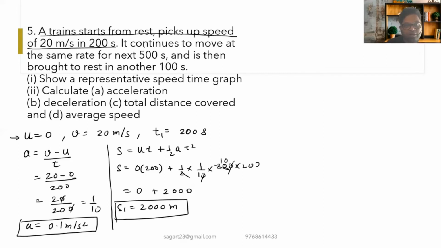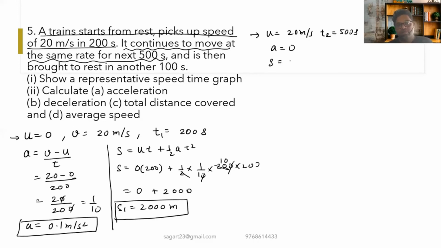Now the next part is it continues to move with the same rate for the next 500 seconds. So that is my second piece of information, that u is 20 meter per second and time is 500 seconds, and acceleration is 0 because it continues to move at the same rate.